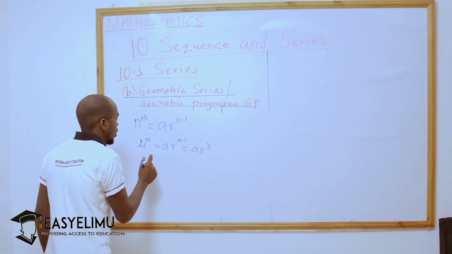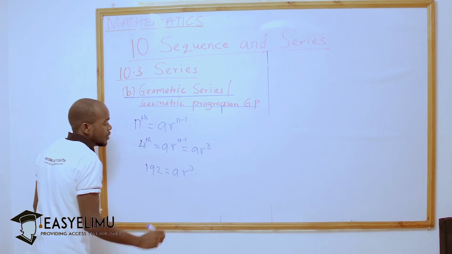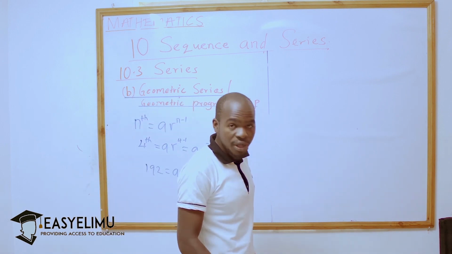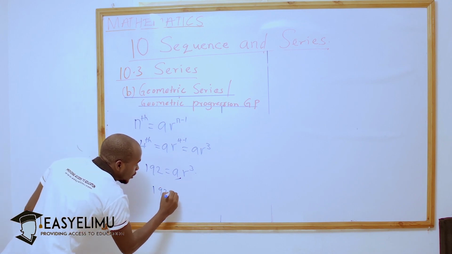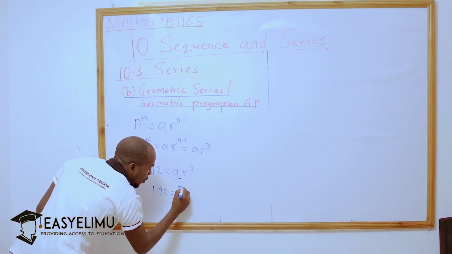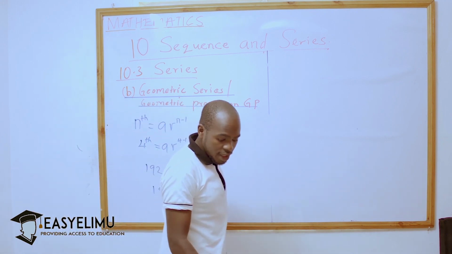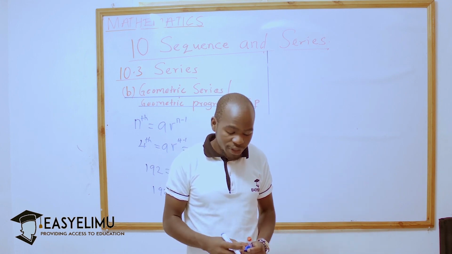So meaning that 192 is equal to A R cubed. And if the first term of the sequence is 3, now you are being provided with the A. So meaning 192 equals 3 times R cubed. You are being asked to find the common ratio. Now you can go on and find the common ratio.